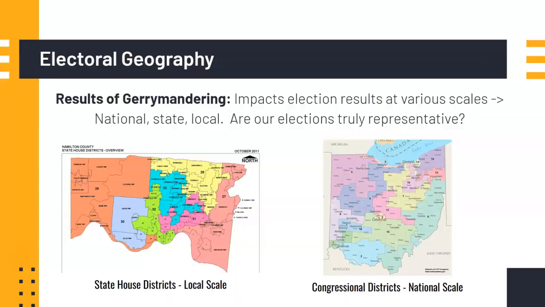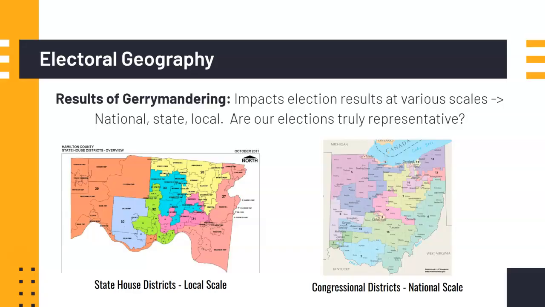The results of gerrymandering can have significant and far-reaching impacts on election results at various scales, including national, state, and local levels. Gerrymandering, or the manipulation of electoral district boundaries for political advantage, can distort the democratic process, making elections less representative of the true will of the people. At the national level, gerrymandering can impact the overall balance of power in Congress.